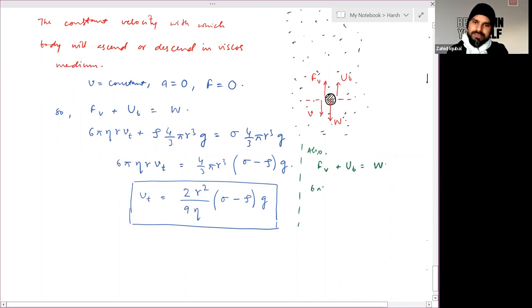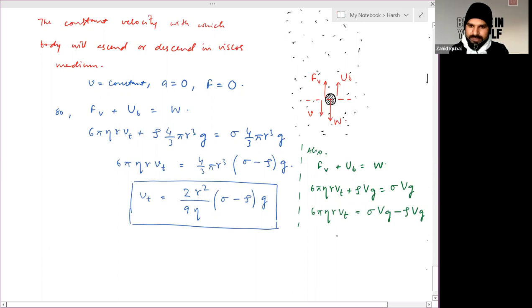Viscous force is 6 pi eta r times velocity. Buoyant force is rho times volume into gravity, and weight is sigma times volume times gravity. So 6 pi eta r times terminal velocity equals sigma volume gravity minus rho volume gravity.